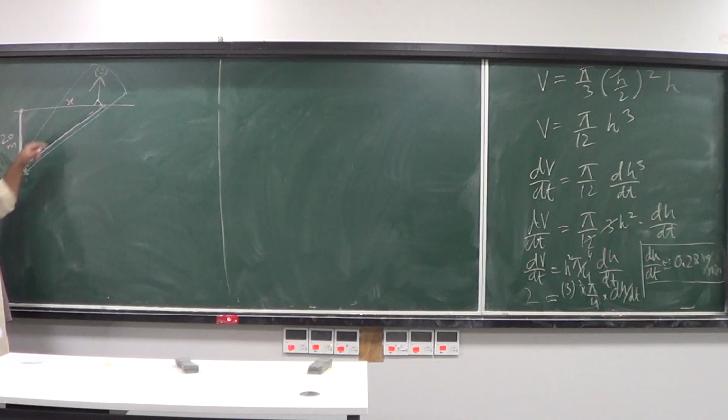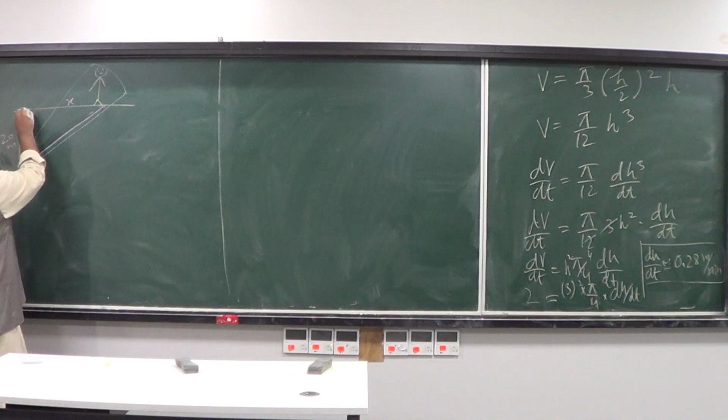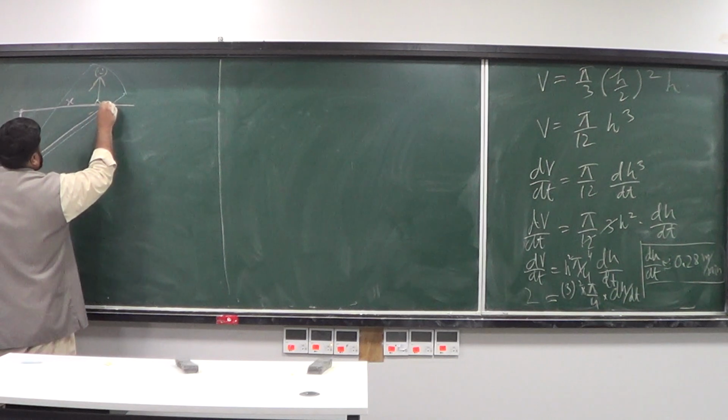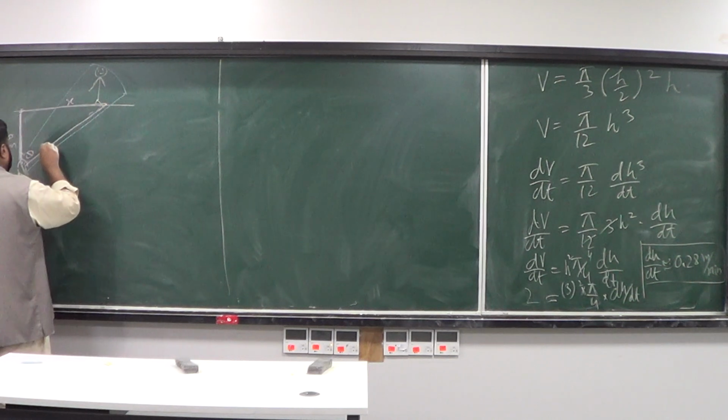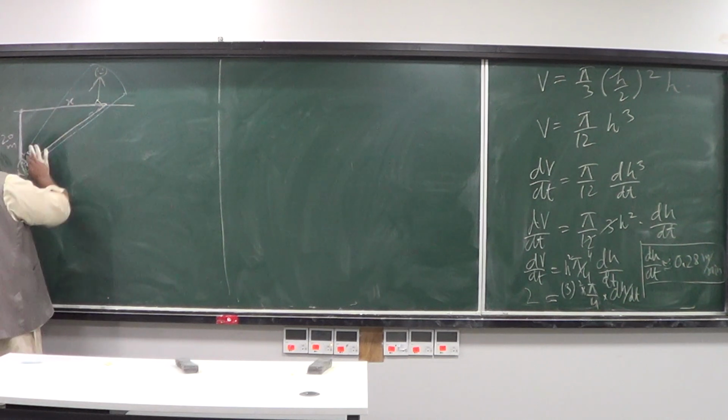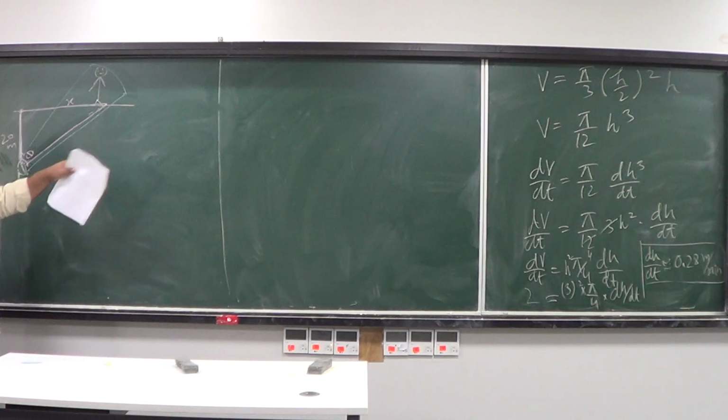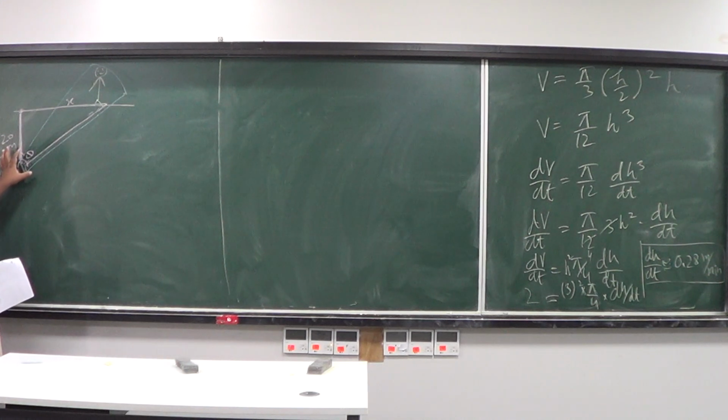So this is the angle. And the picture that you are getting here is really a right angle triangle. The rest is just a shadow. We know that the shadow is going to be bigger than the size of this.